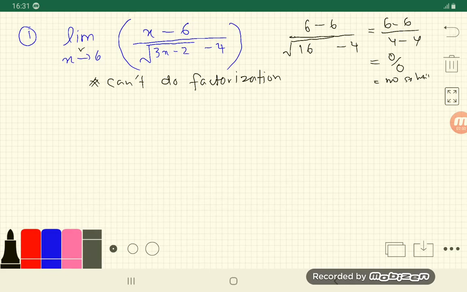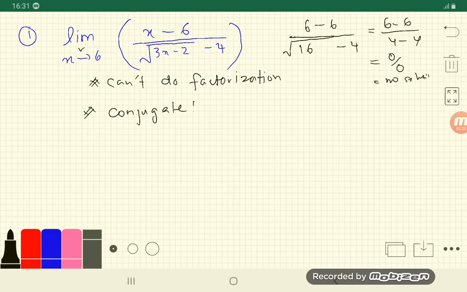So what we can do is deal with what we call a conjugate. Another term that you need to know here is the conjugate. I think I already explained to you what a conjugate is when we dealt with complex numbers in chapter 2.